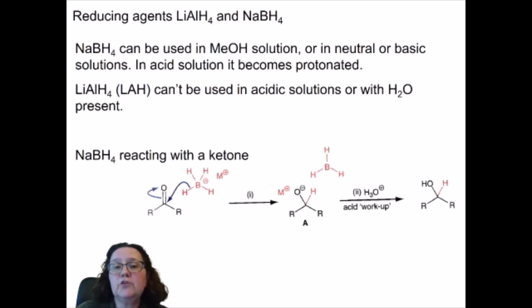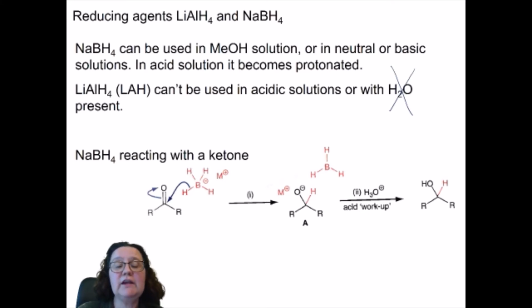They become protonated and they lose their reducing power. Sodium borohydride can tolerate a certain amount of water in the medium. However, lithium aluminium hydride cannot be used in the presence of water. It's too reactive and it reacts quite violently. So the solvent in the reactions with lithium aluminium hydride must always be anhydrous.